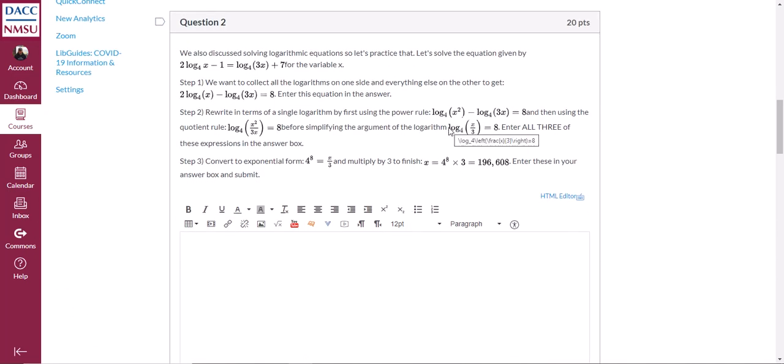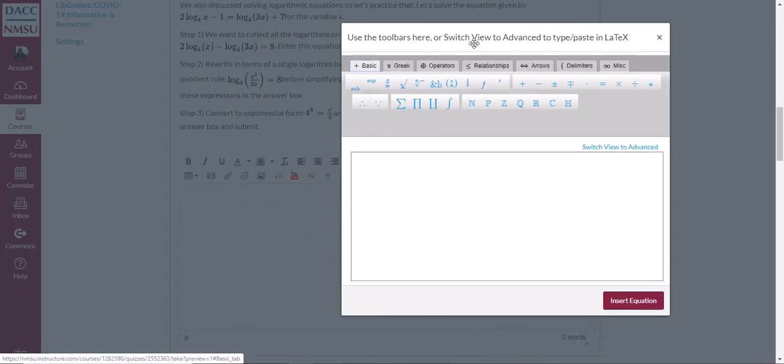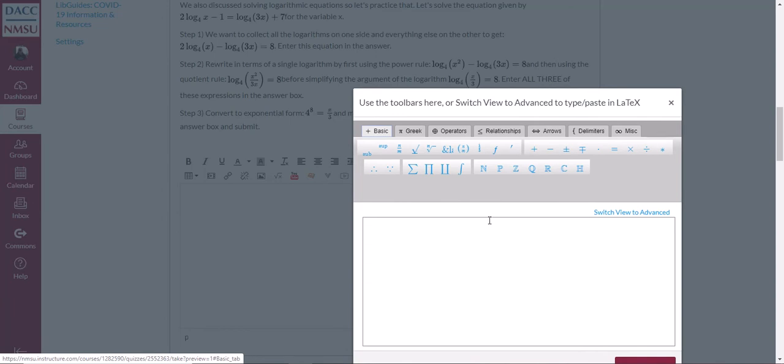Suppose I want to enter this portion here, log base 4 of x over 3 equals 8. I'm going to go to the math palette. I am going to make sure I can see that expression. Log, use the little sub button to type the 4.